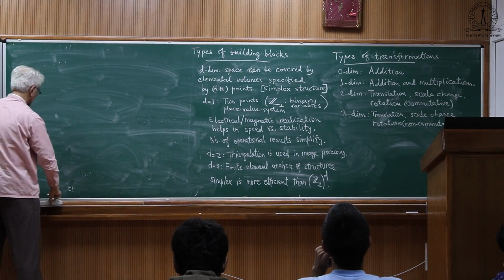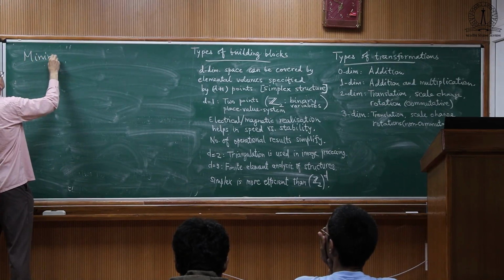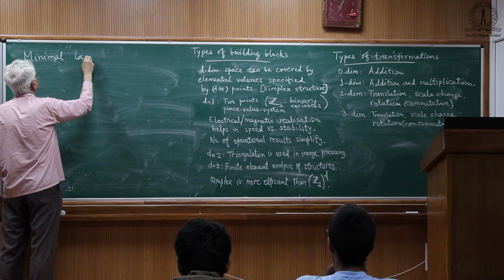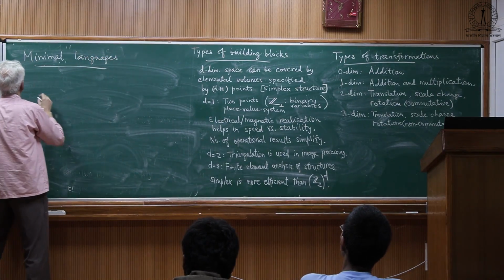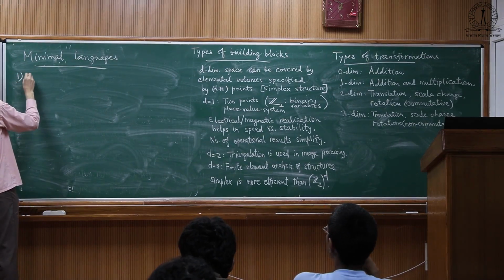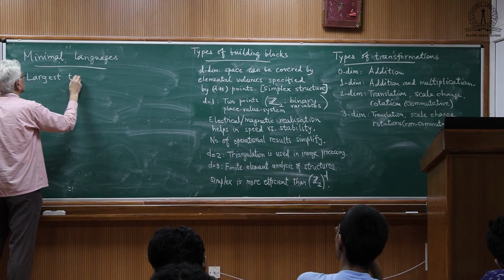They have various properties. The first one is they offer largest tolerance against errors. Why?